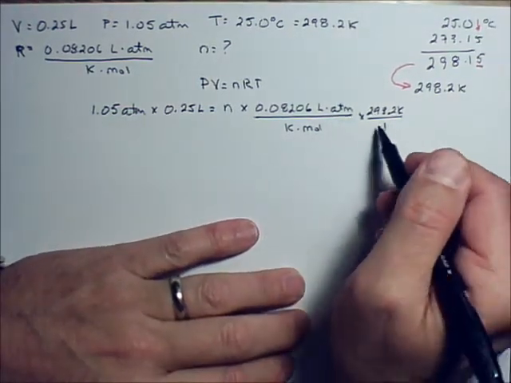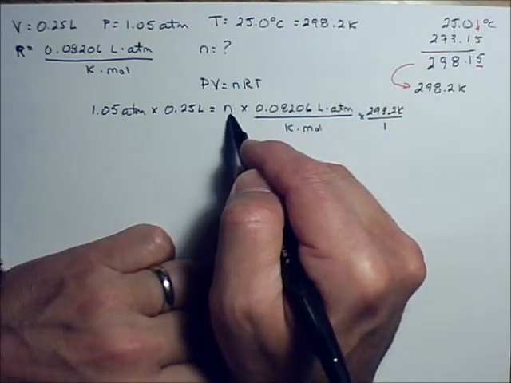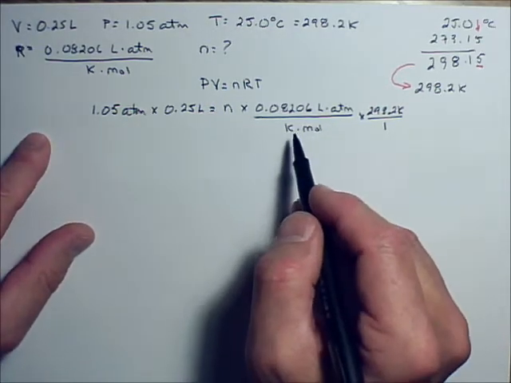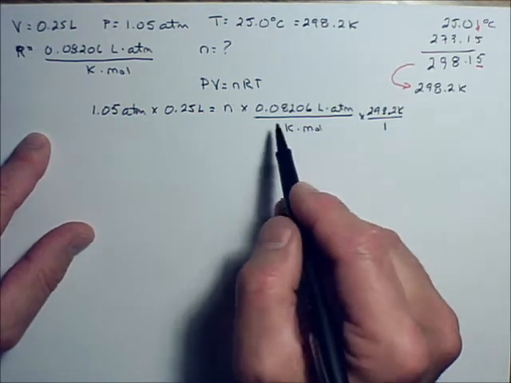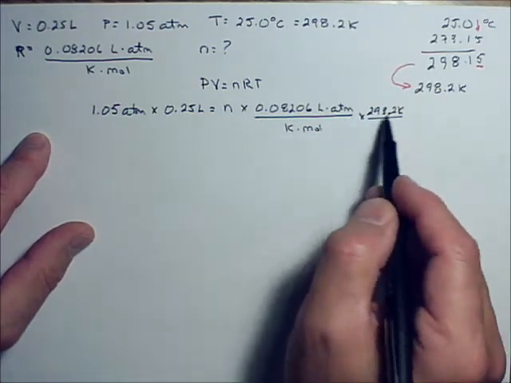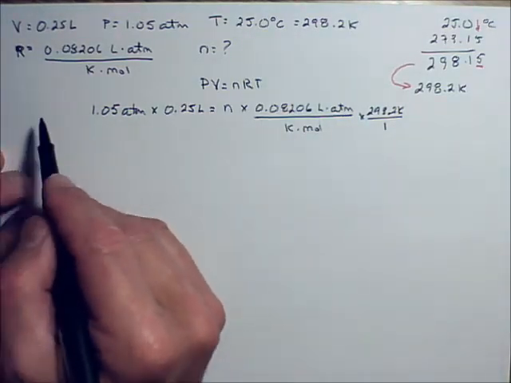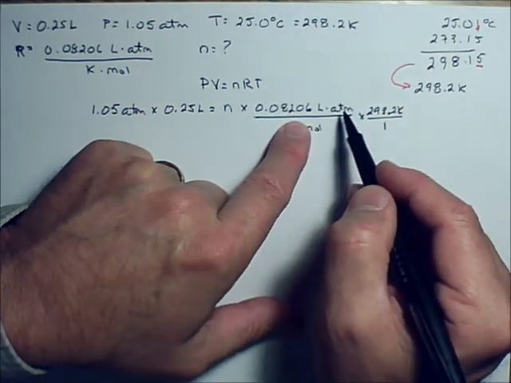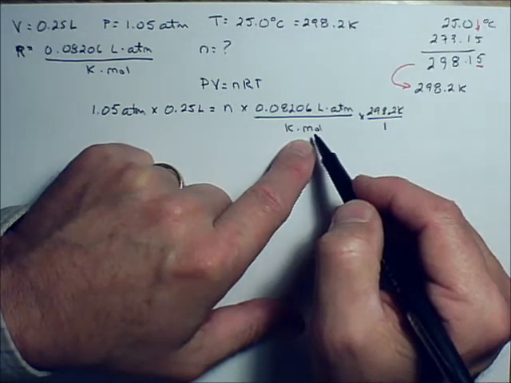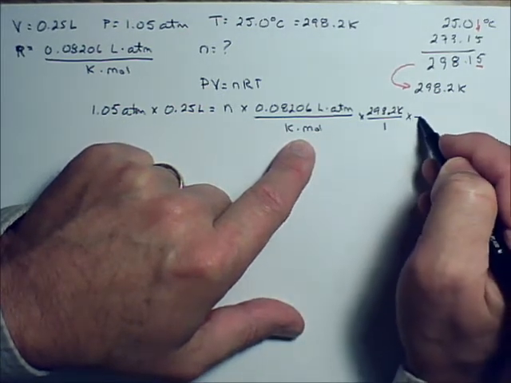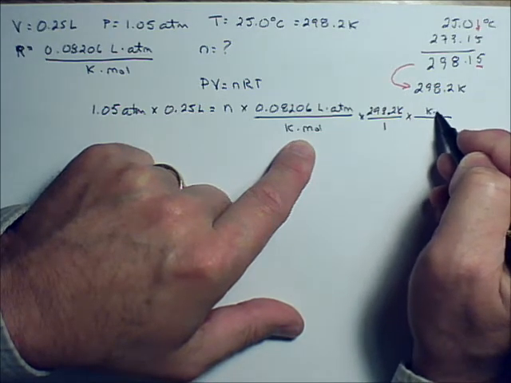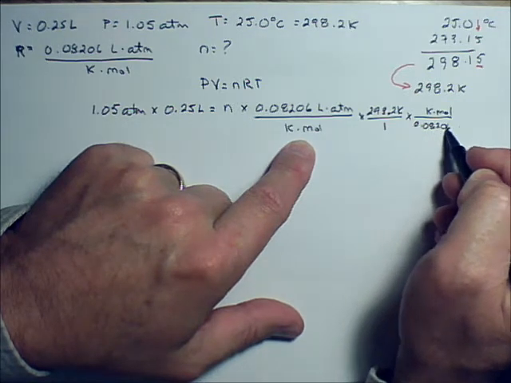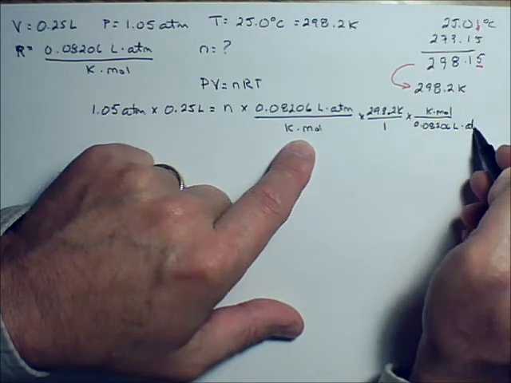The reason I put this over 1 is that the way we get N all by itself is to multiply both sides of the equation by those things that will get rid of these values on this side and move them over to this side. We want to put this on the bottom of a fraction and this on the top, so they cancel out. That just means we're multiplying by the reciprocal: Kelvin times moles over 0.08206 liters times atmospheres.